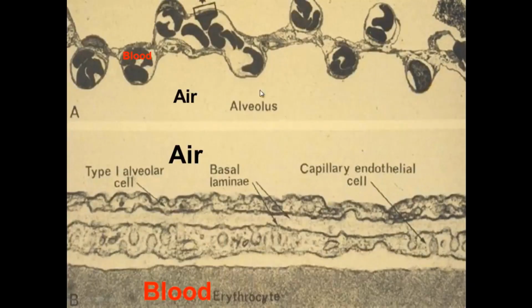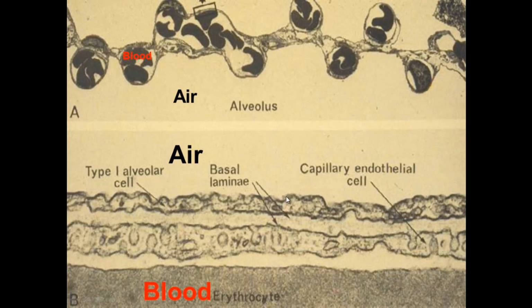Now, here we see the blood-air barrier. This is blood inside here. This is air, and you see how thin it is. In that thin layer, with this higher magnification of this box, there are two cells. You have the type 1 pneumocyte, which is touching the air, and then you have the endothelial cell of the blood capillary.